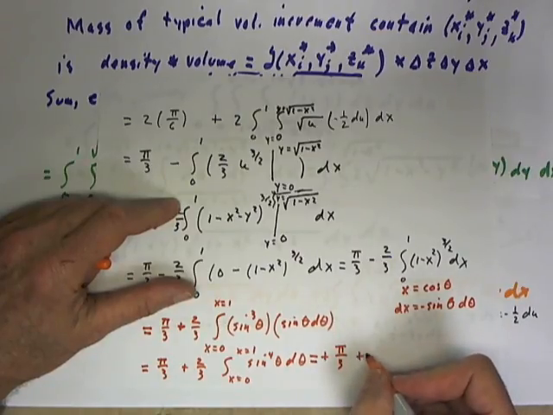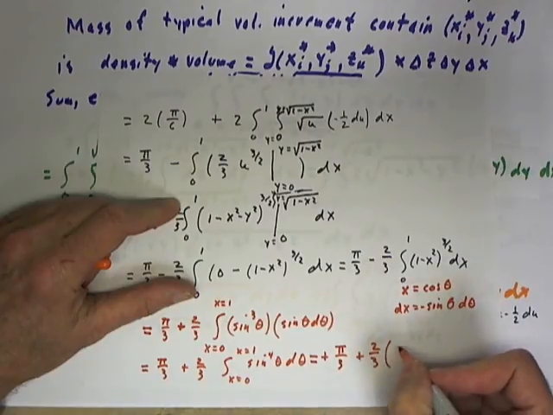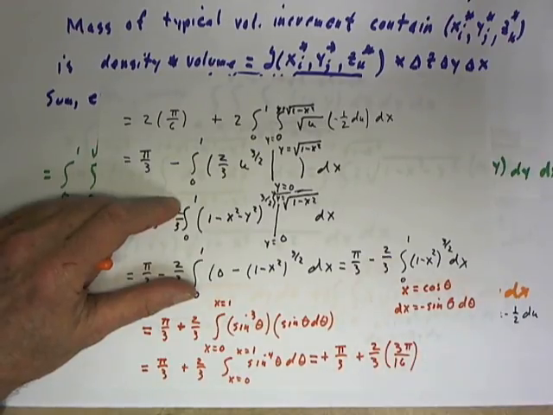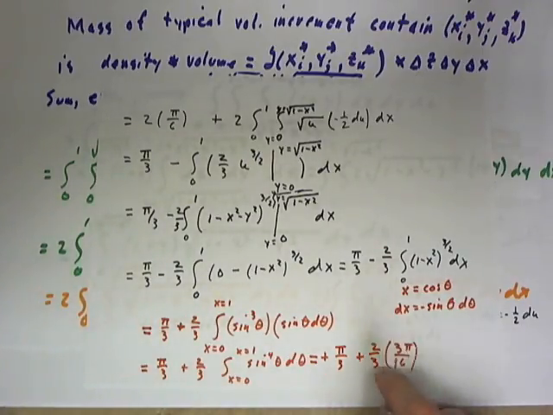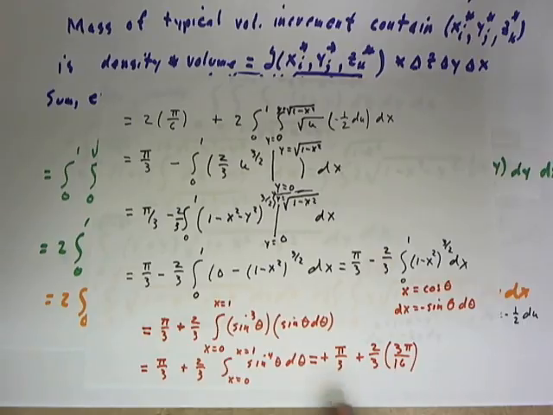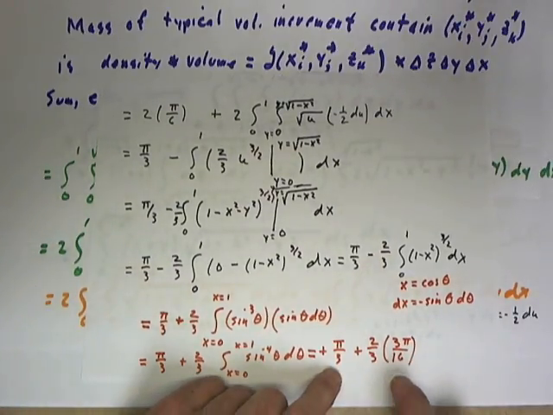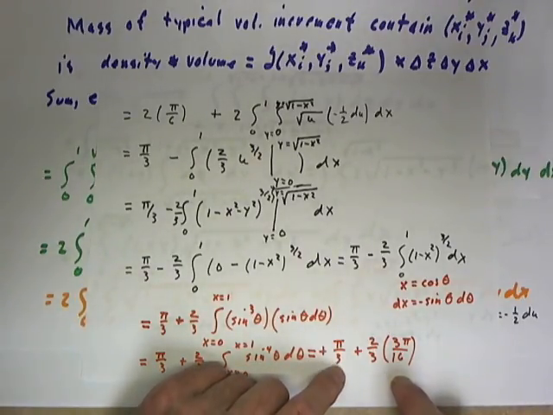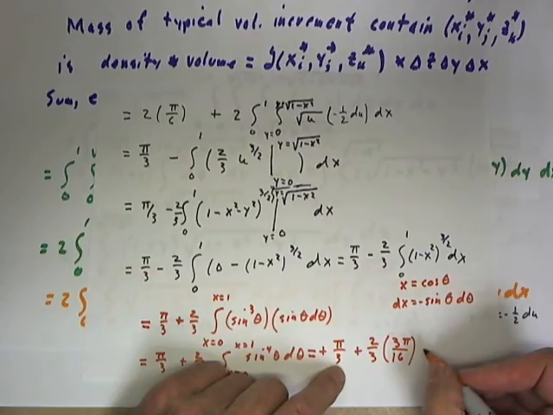Pi over 3 plus 2/3 times 3 pi over 16. Okay, well, the 3 divides a 3, so this becomes a pi over 8 and a pi over 3. Express those both as multiples of pi over 24, and we have 8 and 3, 11 pi over 24.